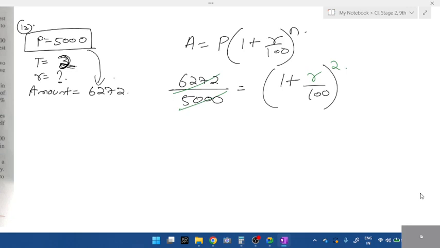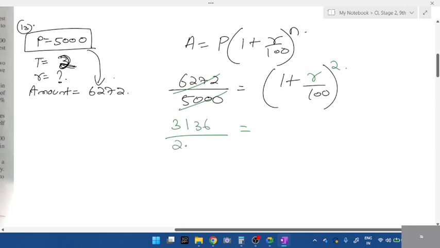Yes. How many times 2 goes, students? When you reduce, what did you all get? 3,136 divided by 2500. If you further reduce, what do you all get? 1568 divided by 1250.